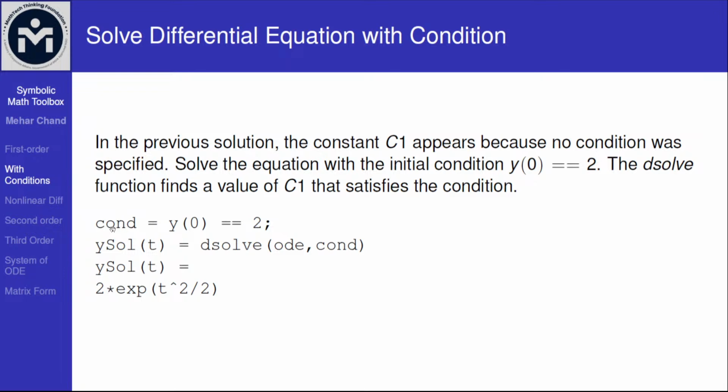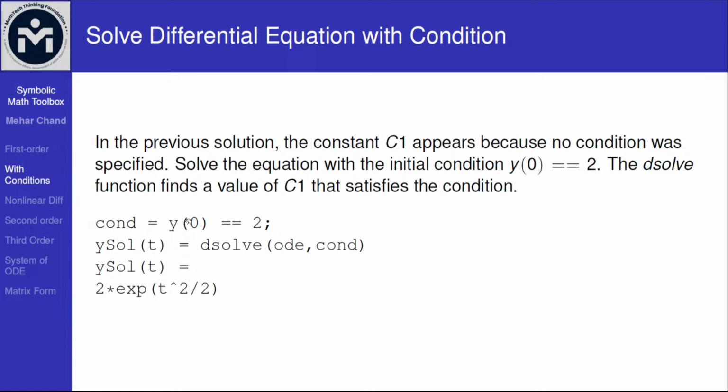Here is the condition in the MATLAB code. You can see COND, this is the condition, is equal to y(0), and double equal is used for equal. y(0), when we have t equal to 0, the value of y is 2.